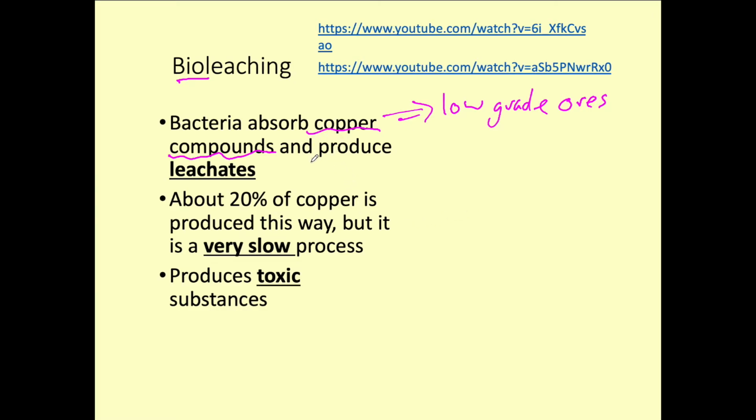And we do this in order to produce leachates. Now, leachates describes an acidic solution which is then containing those copper compounds.